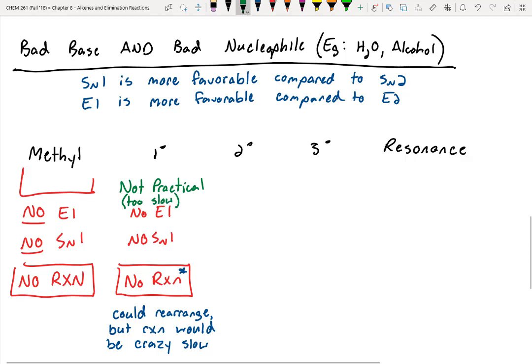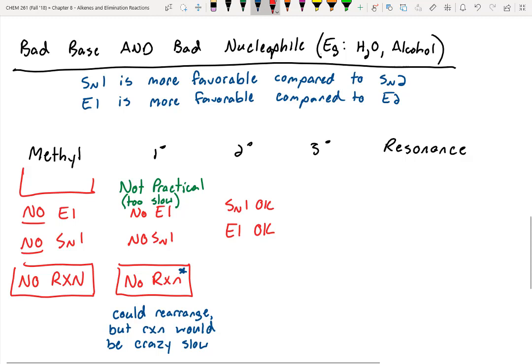All right, what about secondary? Can SN2, or sorry, SN1 occur with secondary carbons? Yeah. So I would say, yeah, SN1 is okay, and E1 is also okay. Do you think it's going to be very fast, though?